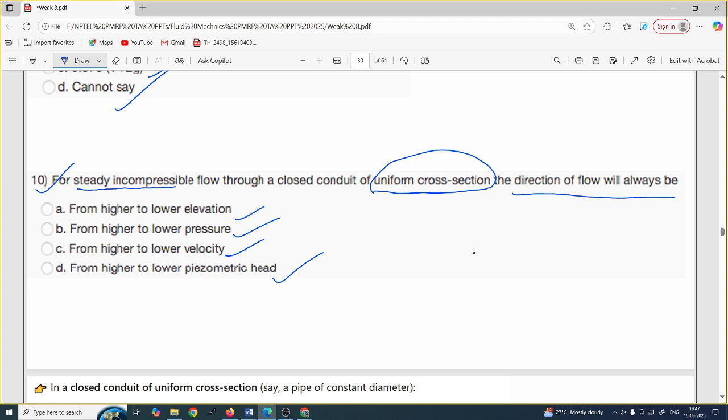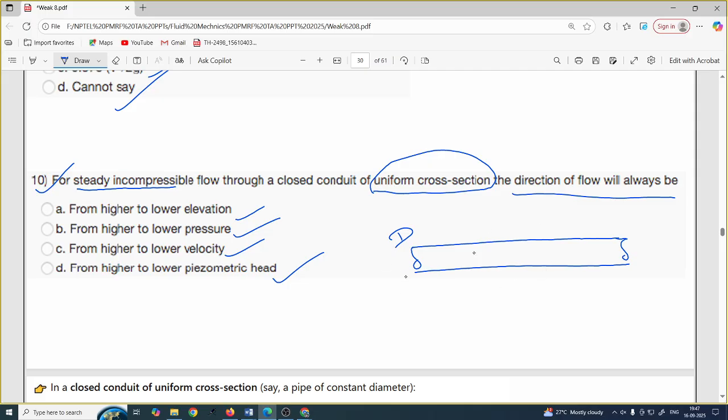So actually the question is, you have the uniform cross section of the pipe. This is a uniform cross section. It means that whatever the diameter here, the similar diameter throughout the pipe.